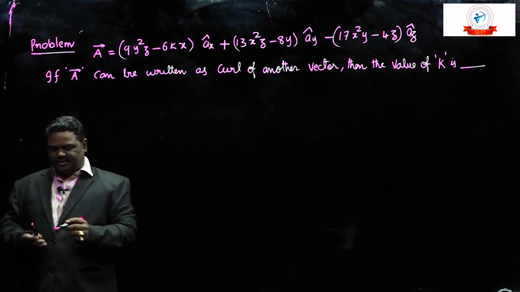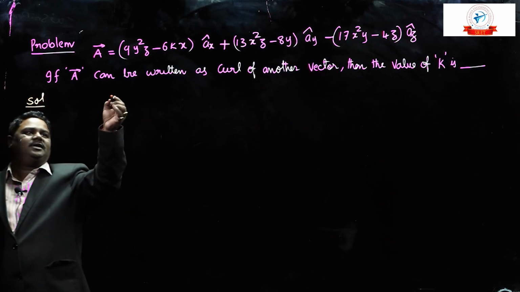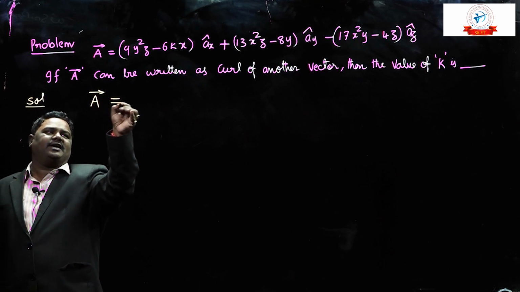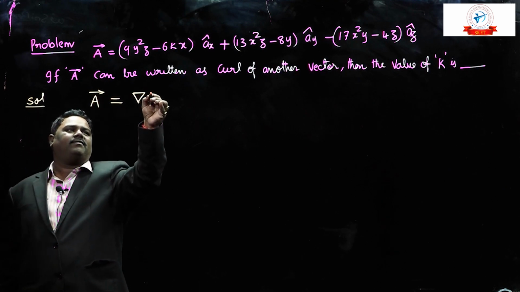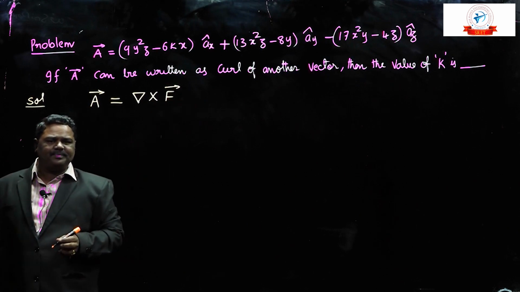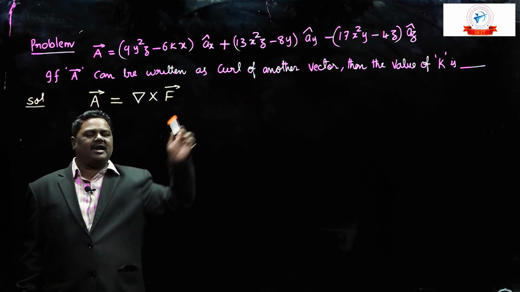So what is given in the question is that vector A bar can be written as curl of another vector. I consider another vector F bar.